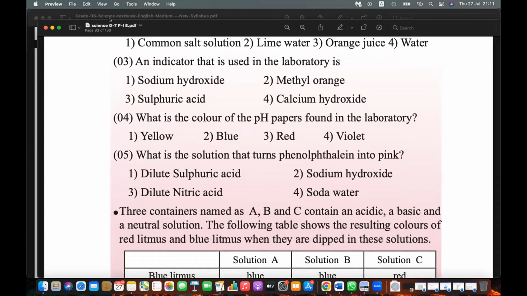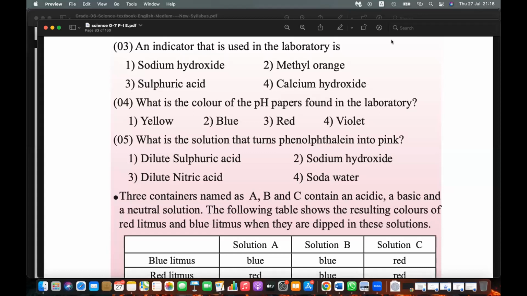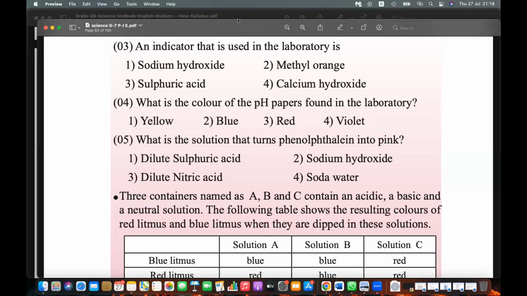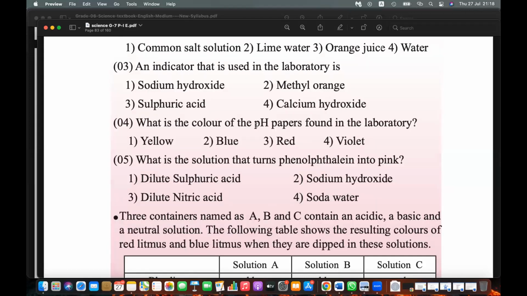Question 3: an indicator used in laboratory.